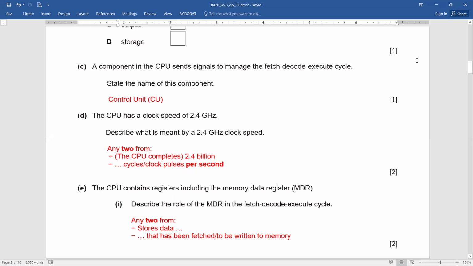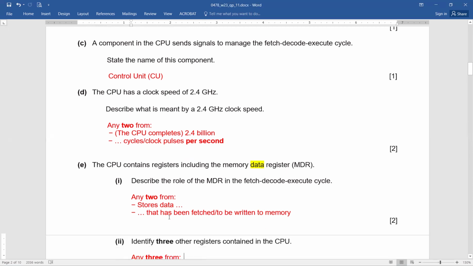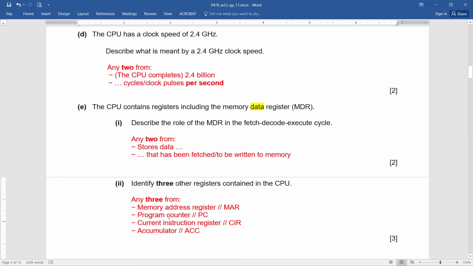So the word D for data is actually denoting the purpose of this MDR, isn't it? And here you can see, what is the role of MDR? It stores data that has been fetched from or to be written to the memory. So in this manner, if you've talked about the storage of data, and which data that has been fetched from or to be written to the memory, then you will be able to score 2 out of 2. Isn't it easy?